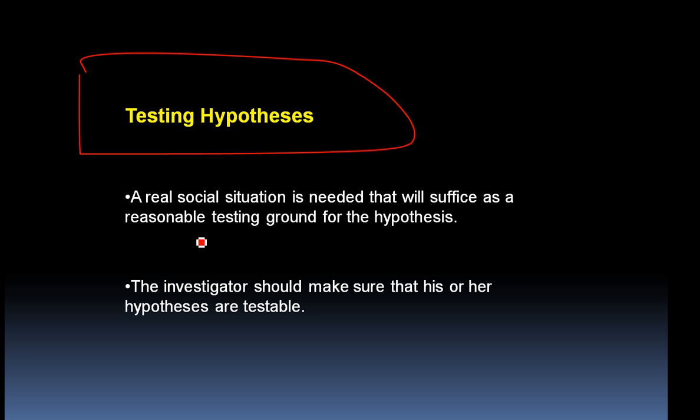There are two prerequisites for hypothesis testing. First, a real social situation is needed that will suffice as a reasonable testing ground for the hypothesis, and second, the investigator should make sure that his or her hypotheses are testable.